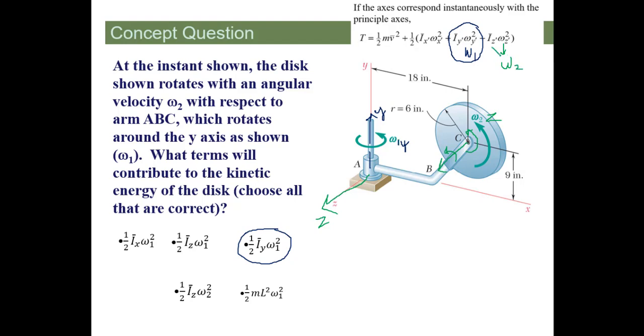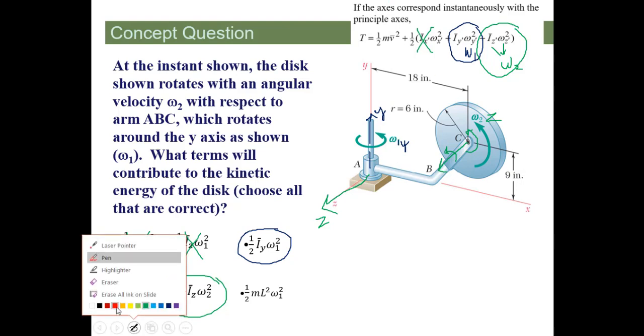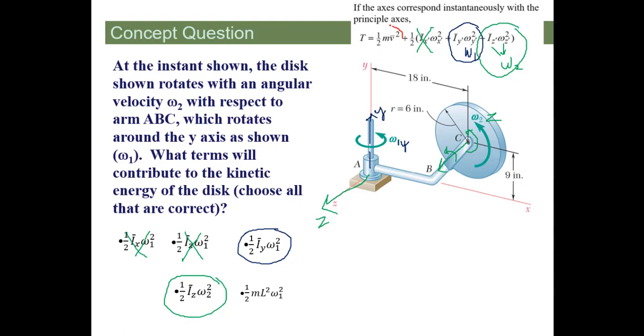So if we look for this combination down here, Iz omega 2, that's going to be this term right here. And then we don't have anything in the x direction, so I can get rid of this. Between what's left, z went with 2, not with 1. And we still need to figure out what this last term is doing.